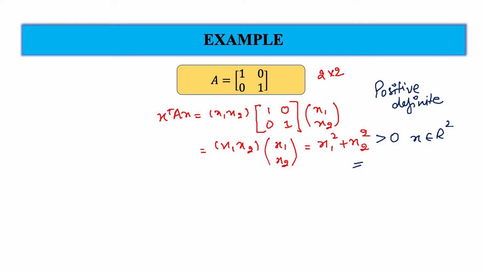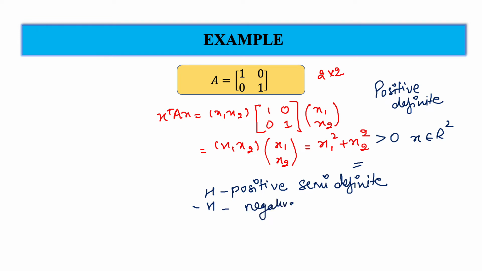So now from these definitions you can easily see that if a matrix H or A is positive semi-definite, then minus H will be negative semi-definite, because when you multiply both sides by a negative, minus H will be negative semi-definite.